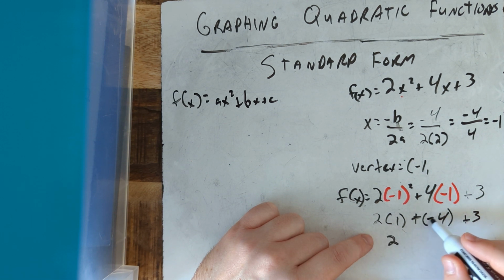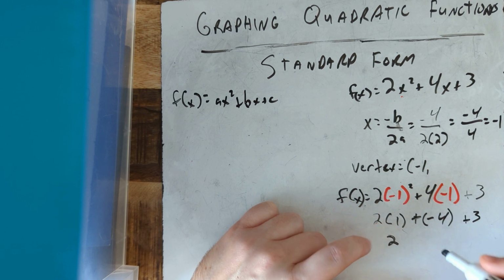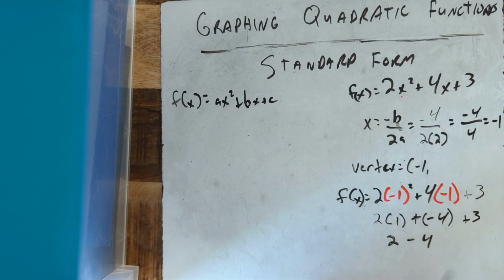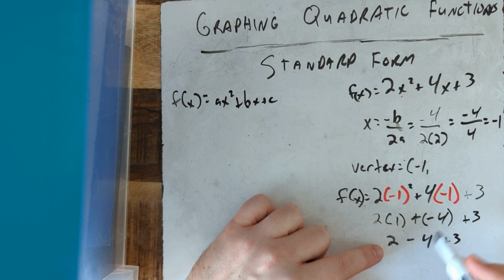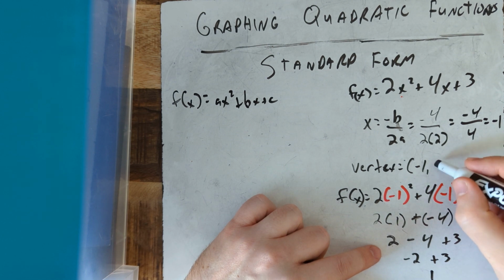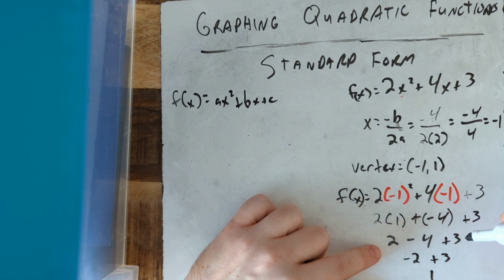Now remember, if it's plus negative 4, we can just go ahead and write this as minus 4. It's the same thing. Bring down our 3. 2 minus 4 is negative 2. And negative 2 plus 3 is positive 1. So our y in our vertex is at positive 1.